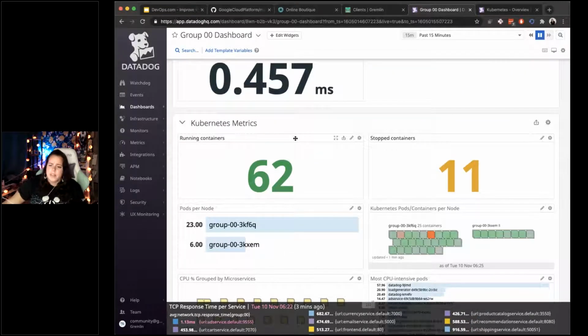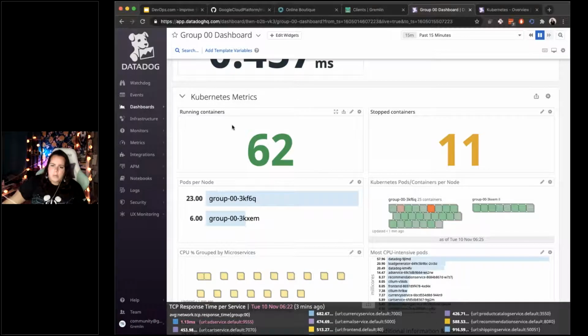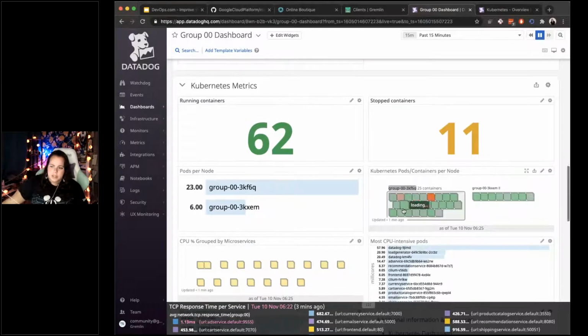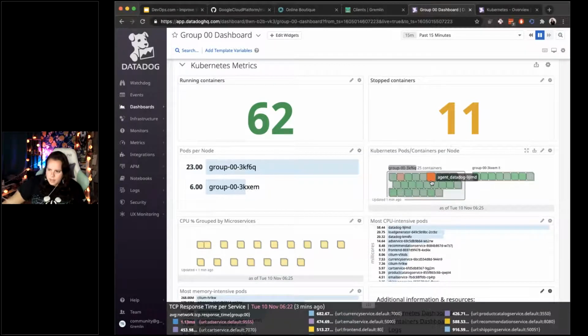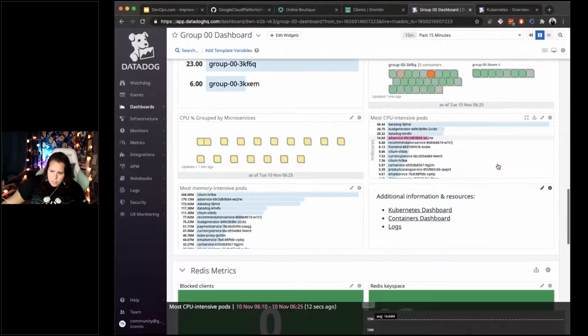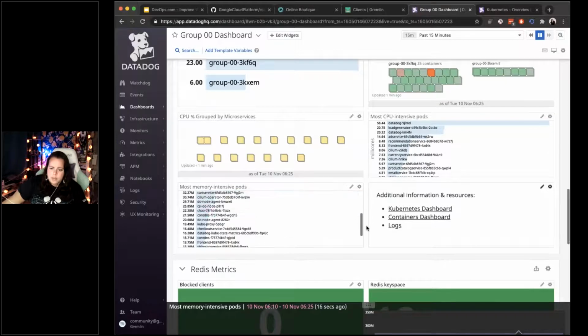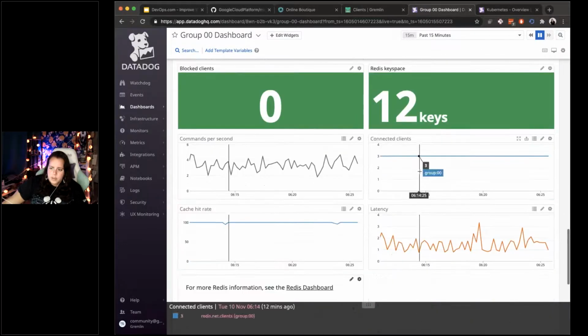When we look at our Kubernetes metrics, we see that we have around 62 running containers in terms of what's running on each node. I can take a deep dive to see that mostly everything seems to be running okay. We see that our Datadog agent is consuming a little bit more resources on our load generator too. We see which ones are the most CPU intensive, but so far everything looks pretty normal, nothing too alarming.